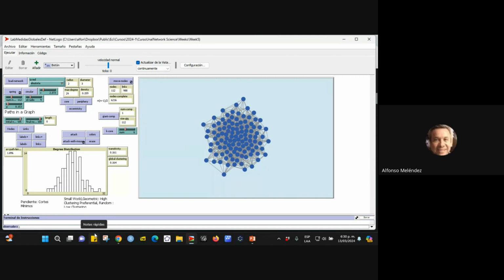For prediction, yes, something like prediction. The next node's connection is the main important thing that we can.